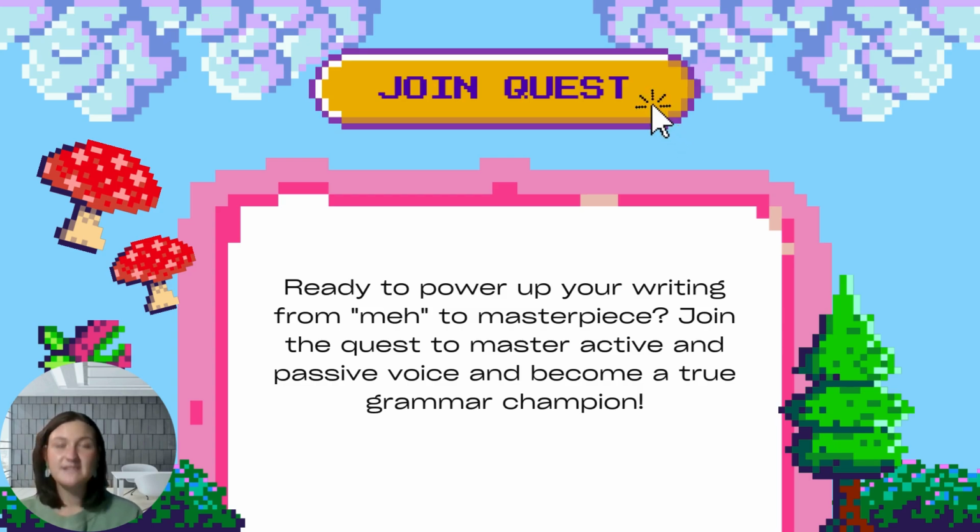Maybe active and passive voice sound like two similar sounding concepts with no real impact on your writing. Others might feel like they're at level 5 or level 10, where you sort of know the difference, but you're not sure when to use one over the other. No matter at what level you are today, by the end of this session, you will have powered up your writing skills and you will exactly know when to use active and passive voice.